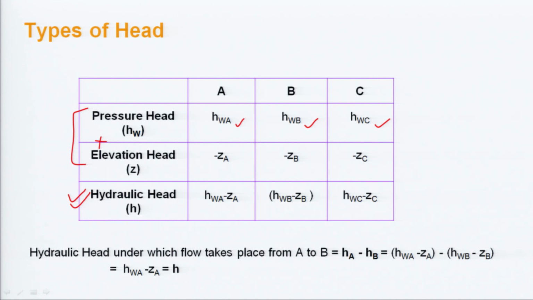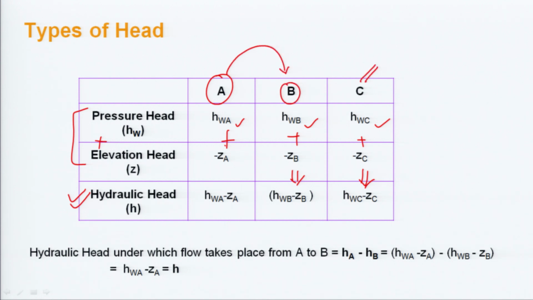So, with minus ZB and minus ZC, adding these two terms we get HWB plus of minus ZB, and so on. So, that is the hydraulic head under which the flow is taking place from A to B, with C as some middle point here.